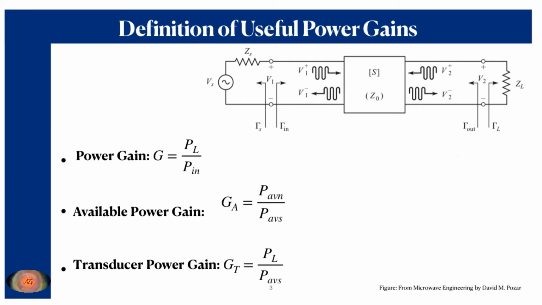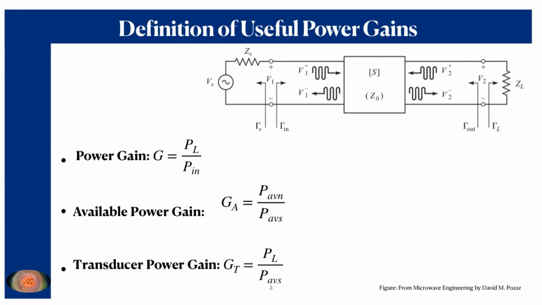You are just considering what is available across these two terminals, and you are taking the ratio of the power being dissipated across the load divided by the power available at the input terminal of the transistor. So we are not comparing the power P input with respect to the applied power. That is why this ordinary power gain is independent of the source impedance.